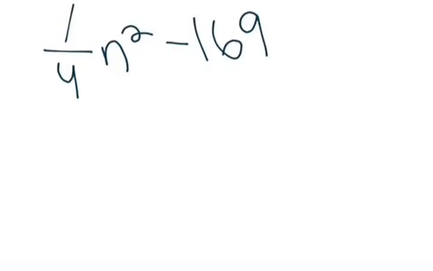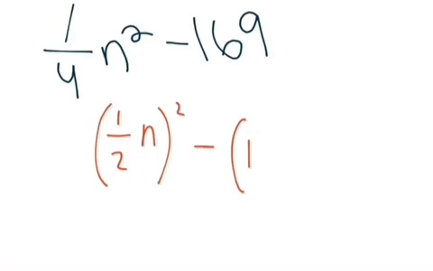1/4 n squared minus 169. And we've got to see if they're both perfect squares, and they are. So we're going to just make that 1/2 n squared minus 13 squared.